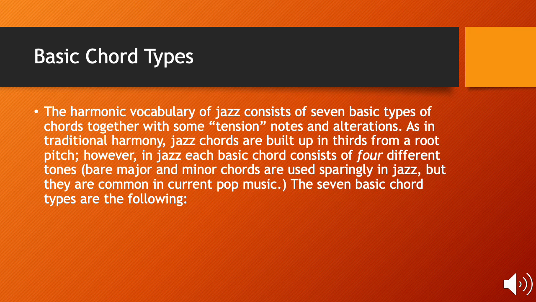However, in jazz, each basic chord consists of 4 different tones. Bare major and minor chords are used sparingly in jazz, but they are common in current pop music. The 7 basic chord types are as follows.